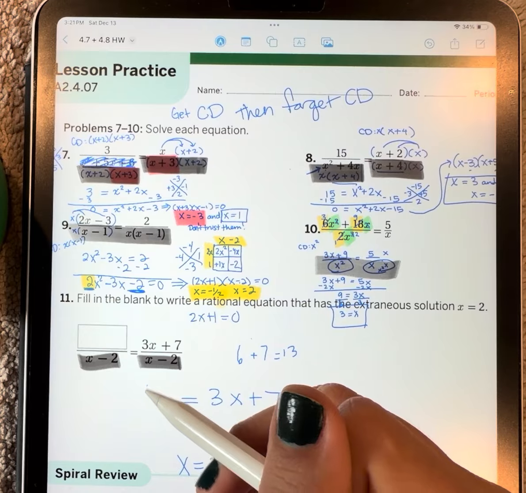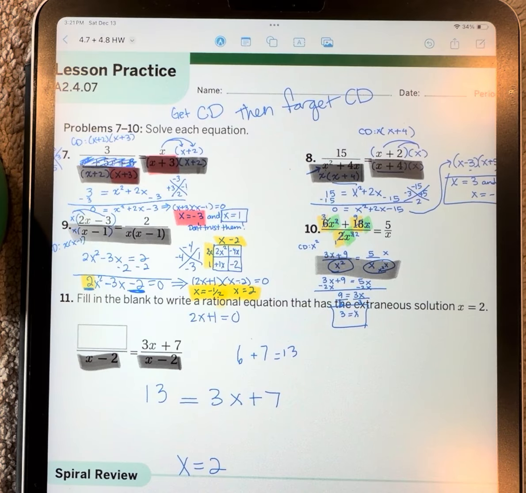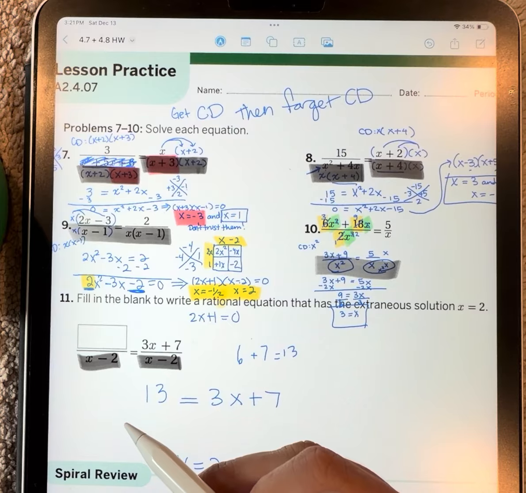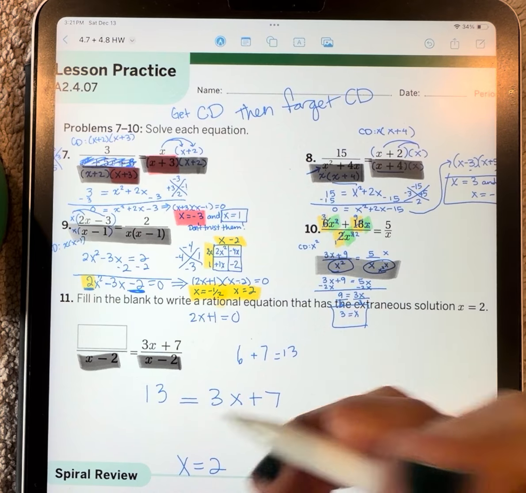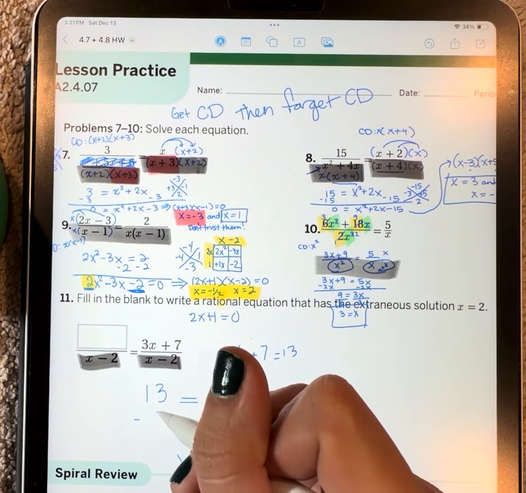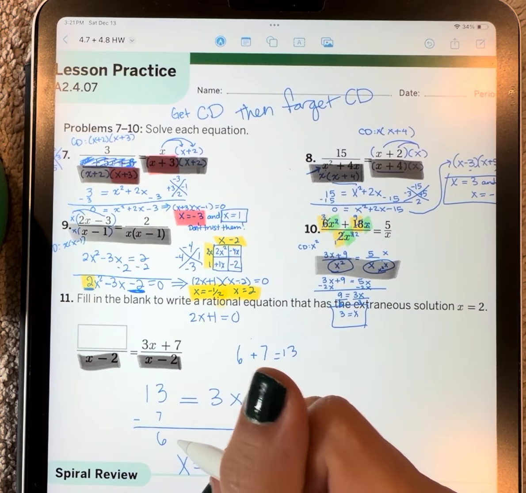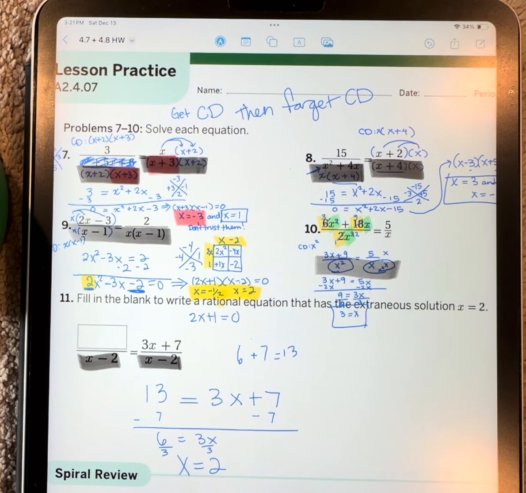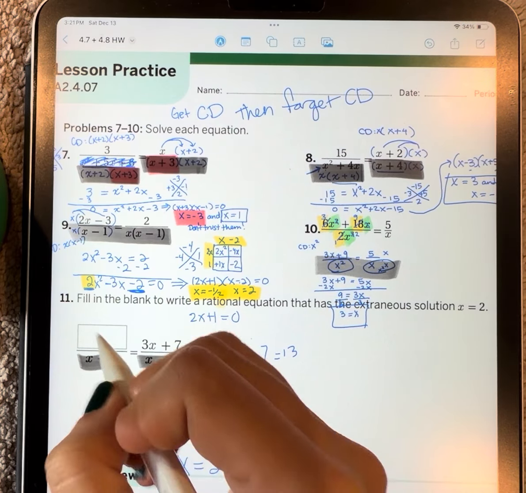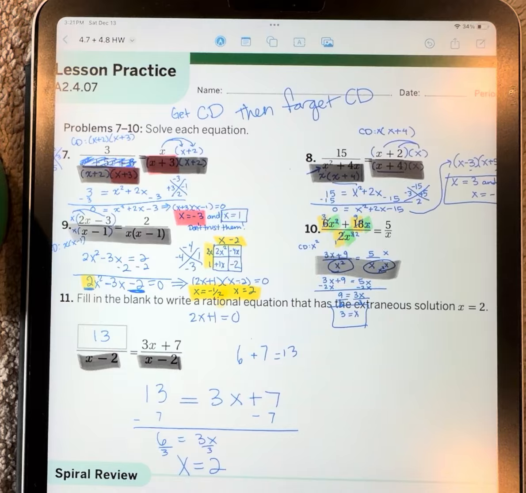So I kind of just need this side of the equation to be 13. Then you would subtract the 7 from both sides and get 6 equals 3x, right? Then divide both sides by 3, and you get x equals 2. 13 is the simplest thing that you could write here, but it's not the only thing.